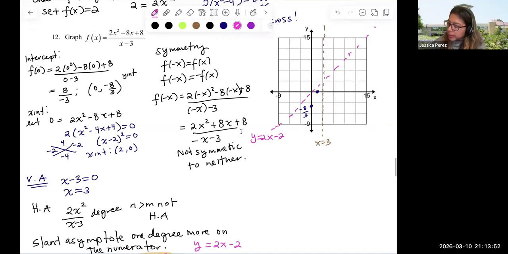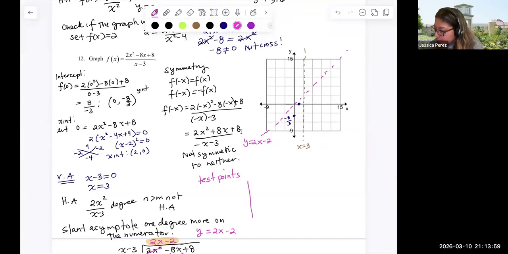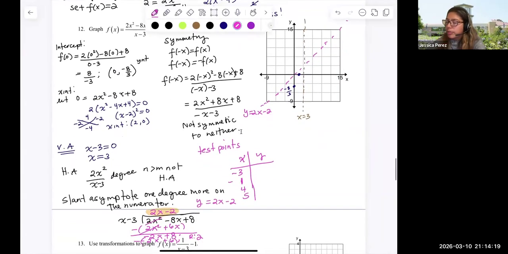Now to check, we want to be able to test points. The way to test points is we want to know what happens at different locations, what happens at x and y before negative 8 over 3. So at negative 3, negative 1, 1, 4 and 5, you'll have different values where you can place them.